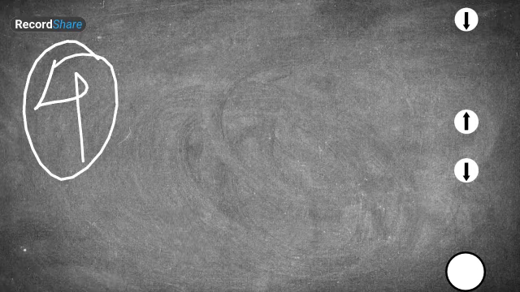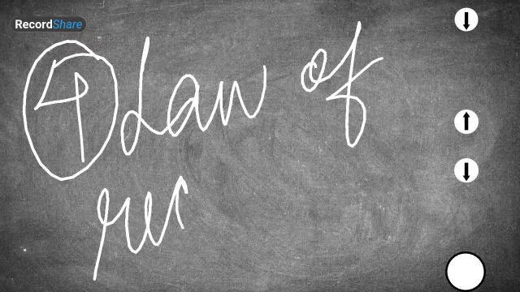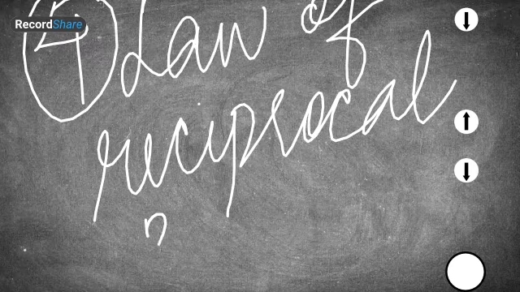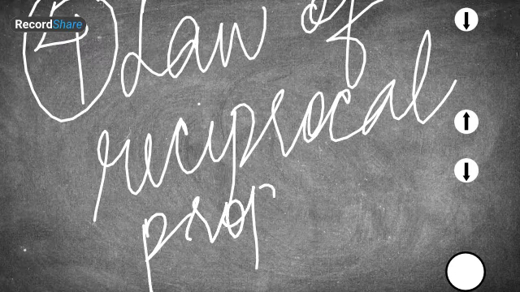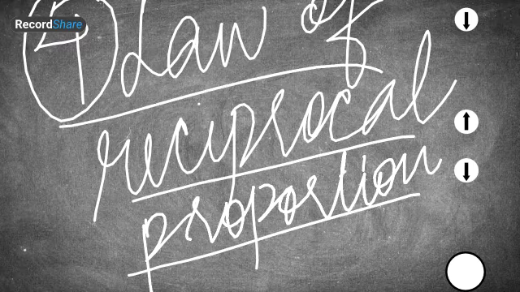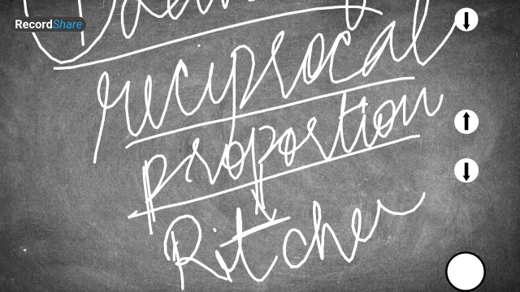Next, our fourth law of combination is the law of reciprocal proportion. It was given by Richter. Scientists' names are sometimes important for you to remember.